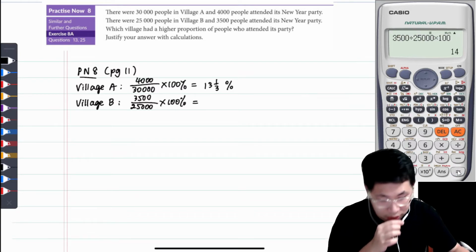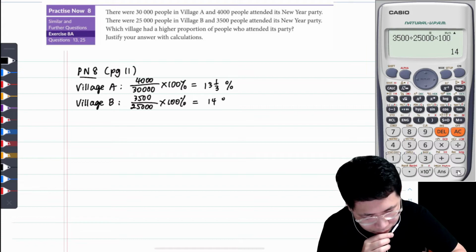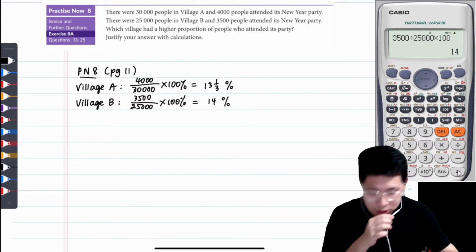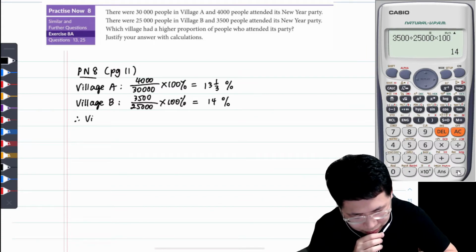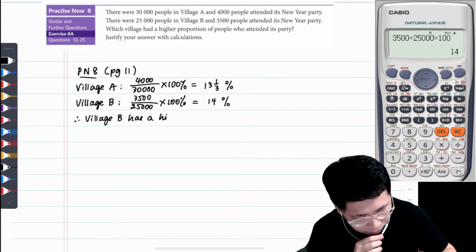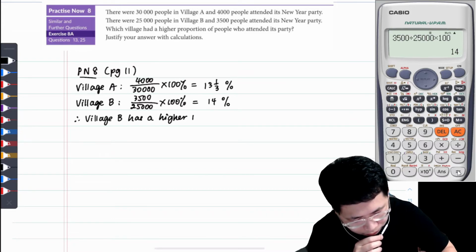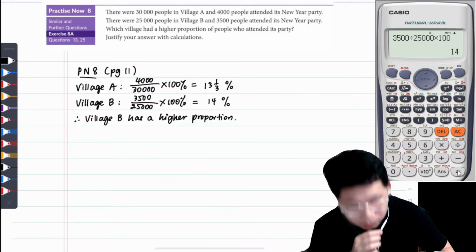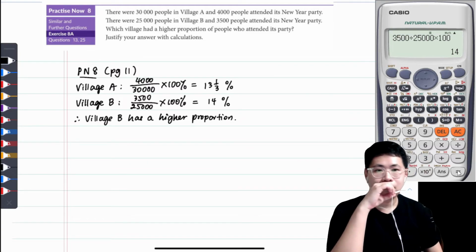So this is 14%. Which one had a higher proportion? So obviously village B has a higher proportion.